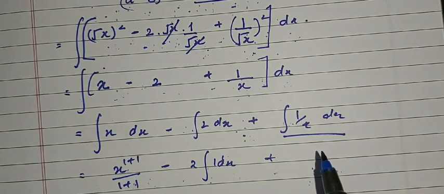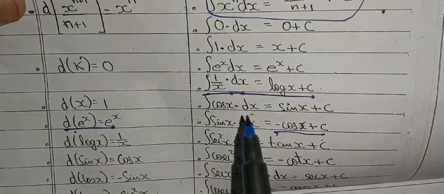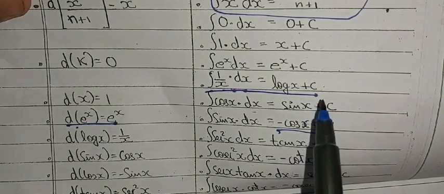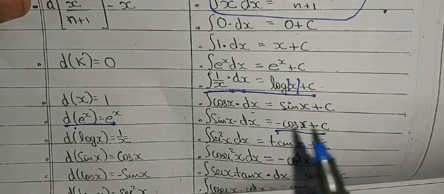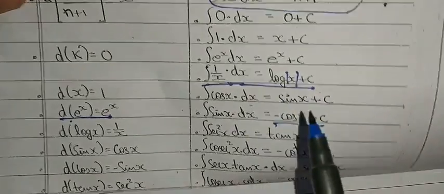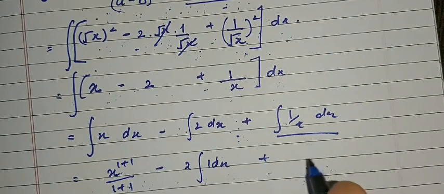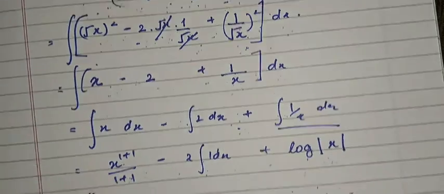the question is integral of 1 by x dx. There is a formula for that. The formula is integral of 1 by x dx is equal to log mod x plus c. There is a log mod here, so if positive or negative comes, it will be taken as positive only. So integral of 1 by x dx is log mod x.